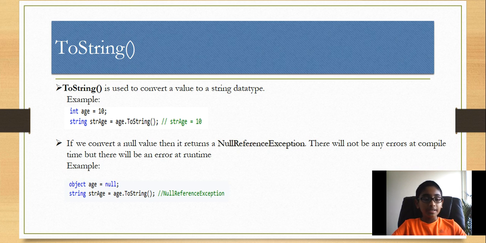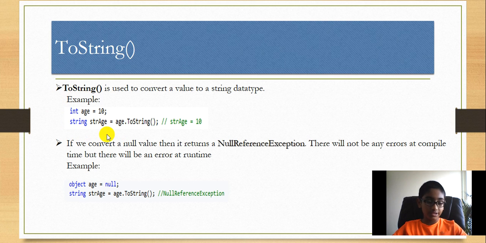Even ToString is used to convert a value to a string data type. The syntax for declaring a ToString method is the variable name that you want to convert to a string, .ToString. Here is an example: I'm declaring an integer and assigning the value of 10, that is age.